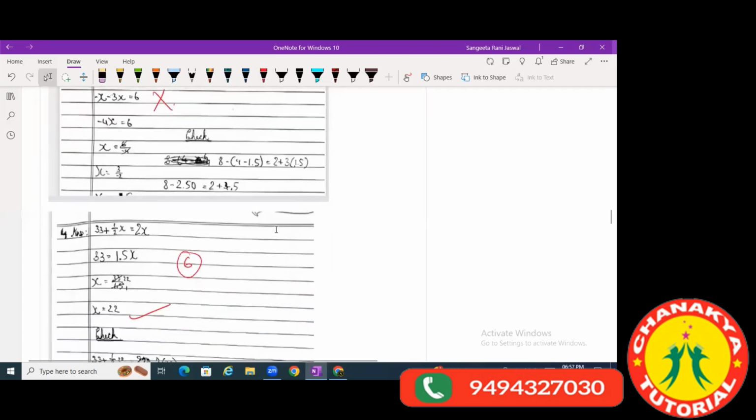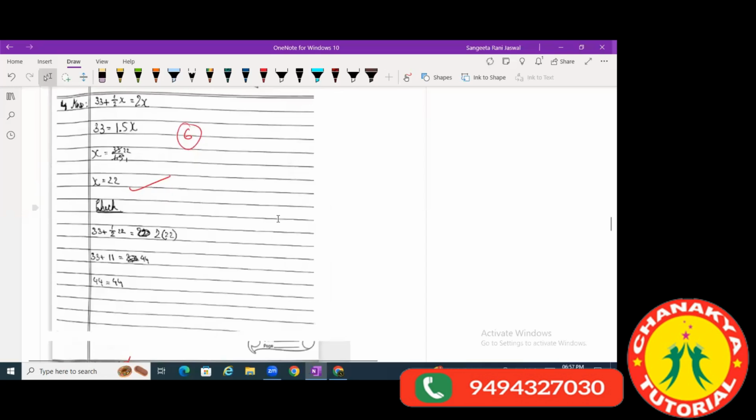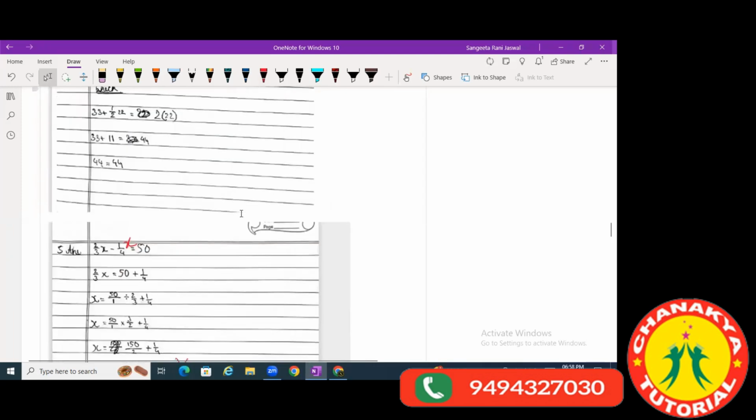And one more thing, why are you converting things to decimal? I never told you to convert it to decimal. There is no need to convert to decimal, okay? Now in this question, it was 2/3 of a number minus 1/4 of a number.